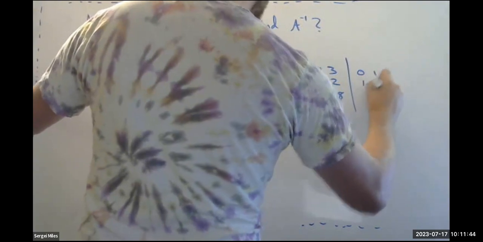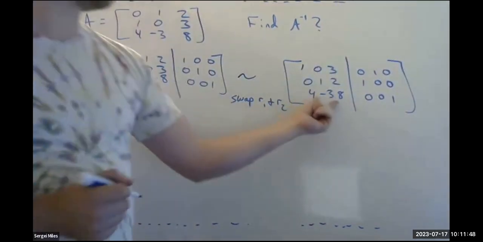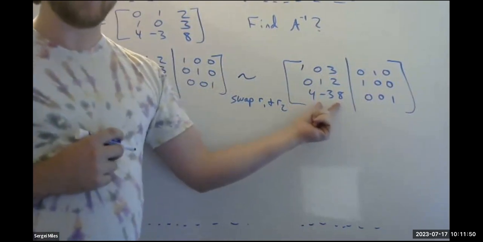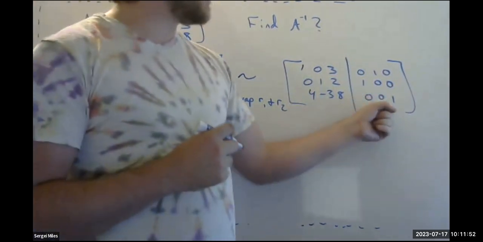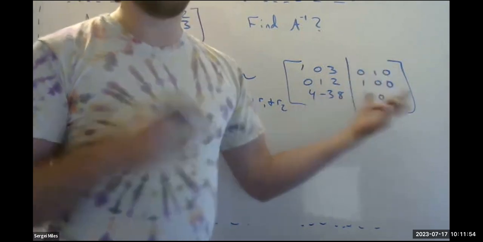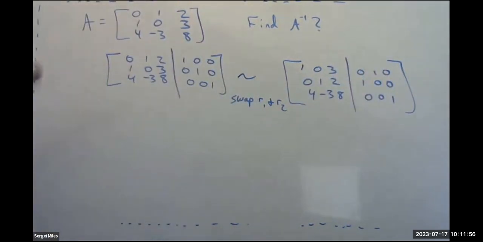What's nice about this method is that while I'm changing the left to look like the identity matrix, the right side is keeping track of what operations I've performed. On the right side, I flipped the rows. This is keeping track of what's happening to the identity matrix.